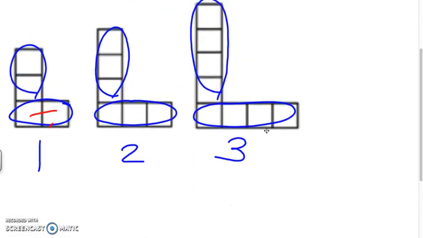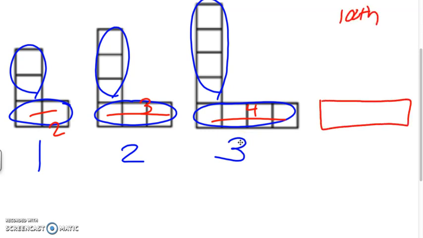There were 2 in the 1, 3 in the 2, and 4 in the 3. So again, I notice that there is one more block than where I am. So in the 100th, there needs to be one more block than where I am, so there's going to be 101. So now you just need to figure out how many are going up and down.